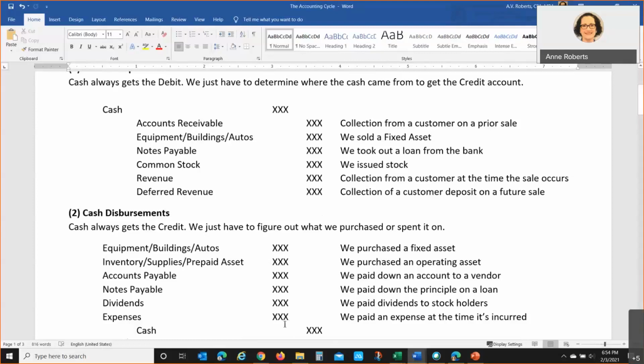I'm writing you a check and I'm going to record prepaid insurance. From my end, I'm going to collect your cash and I'm going to record deferred revenue because I now owe you 6 months worth of insurance coverage.